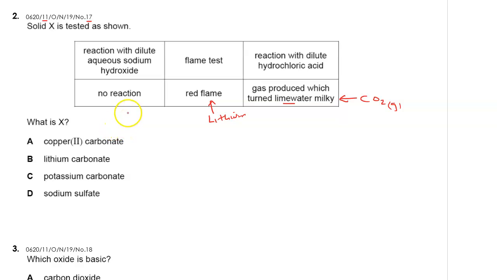Therefore, what you should be imagining solid X to be, because the question here is what is X, is that X should have a cation of lithium, and since it is reacting with the dilute acid to give carbon dioxide, this should be a carbonate.